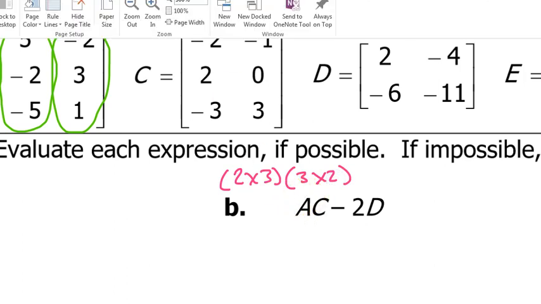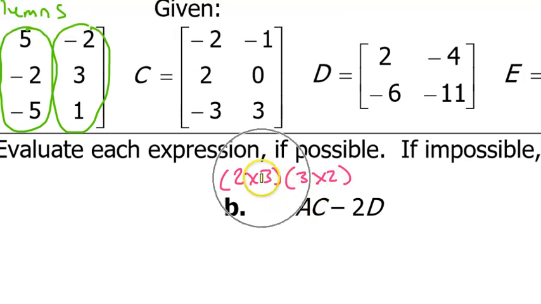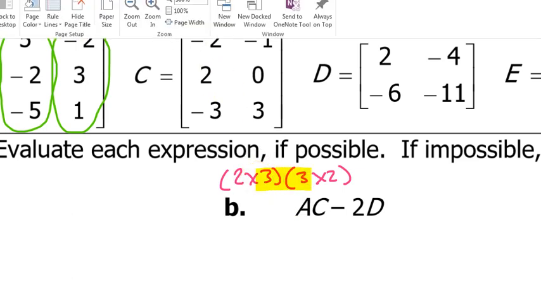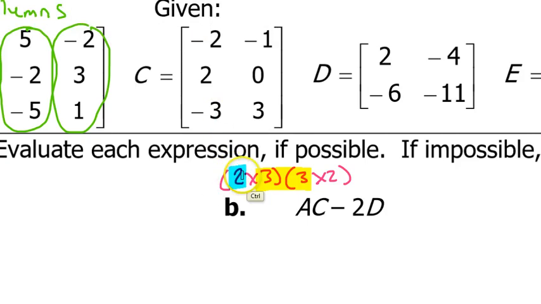So for this product to be valid, the inner dimensions must be the same, which they are. But then, very important, the outer dimensions tell me the dimensions of the product. So matrix A times matrix C will be a 2 by 2 matrix.